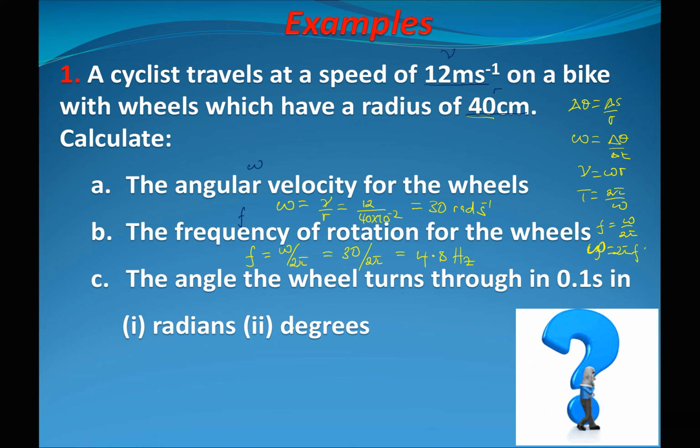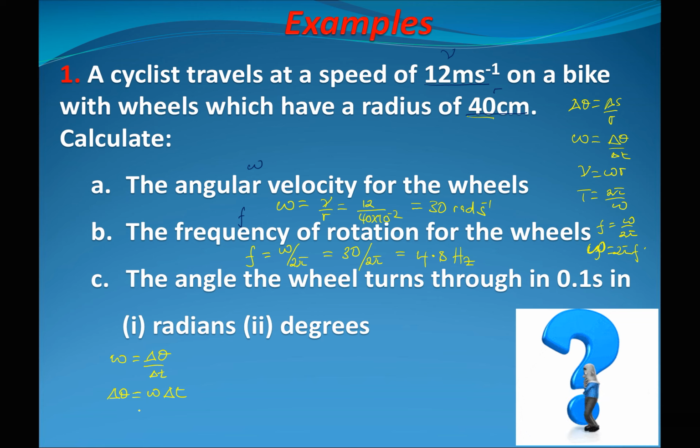Then the angle the wheel turns through in 0.1 second in radians. So remember, we have already seen that angular velocity is also delta theta divided by delta t. And we want to find delta theta, so delta theta is going to be omega times delta t.